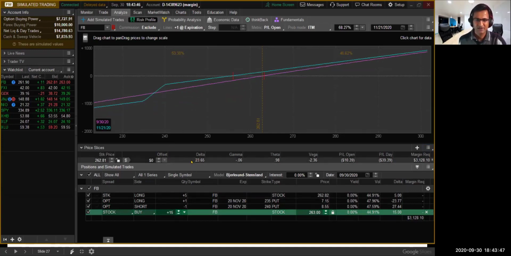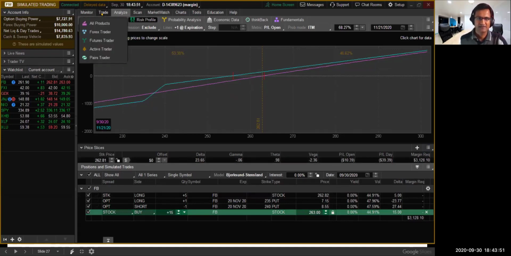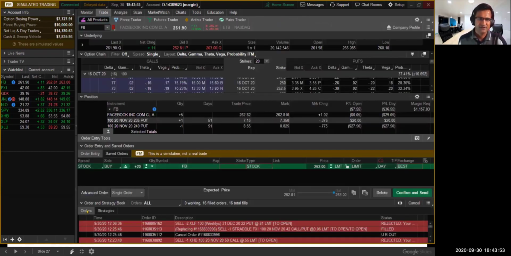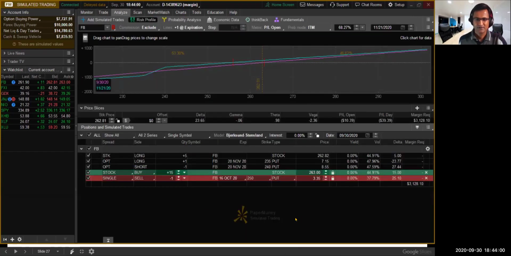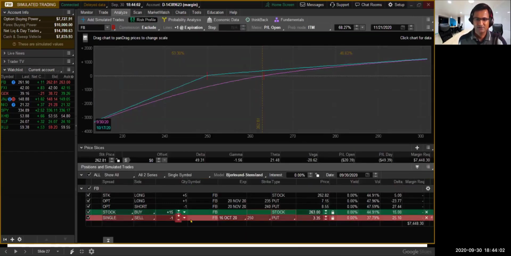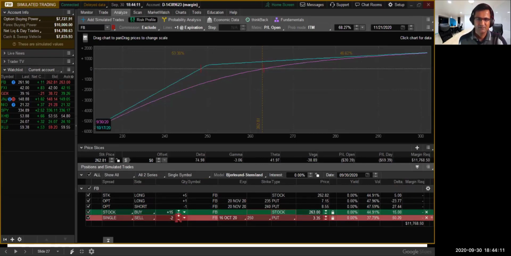So it does take into account the number of stocks, or if I'm doing options, how many options I'm doing. Now I sold a put, which is bullish. I got 25 more deltas. Overall deltas increased. If I sell more contracts, the delta will change accordingly. Right, I hope that clarifies.